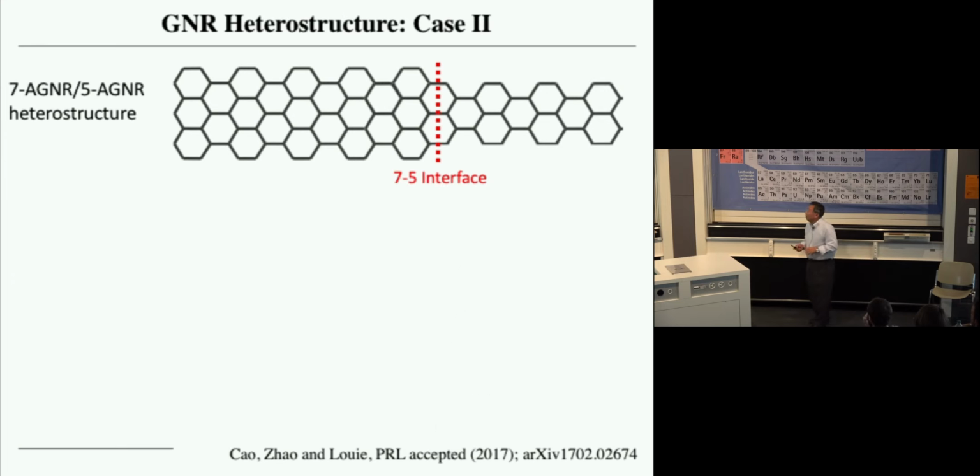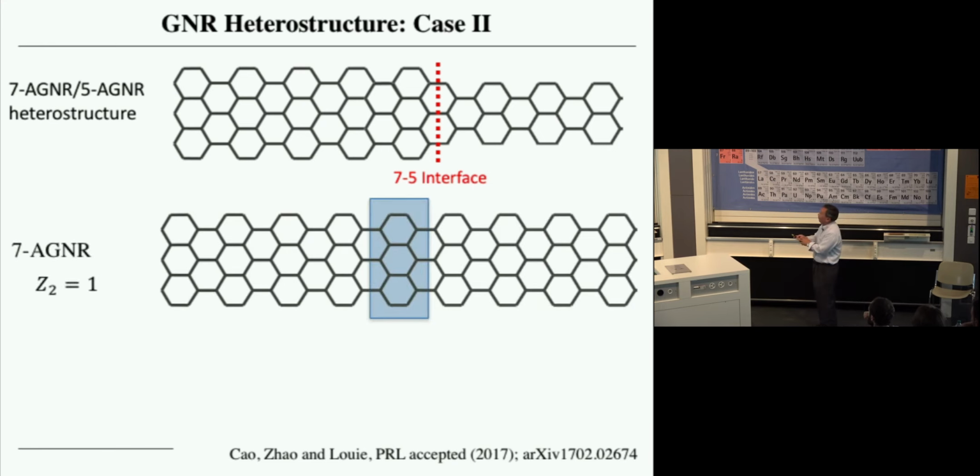On the other hand, suppose I make the same interface with the same two segments, but just shift the right ribbon up by a little bit, so you form a more symmetric junction like this. Then on the left, nothing happens because I didn't do anything, so Z2 is equal to 1.